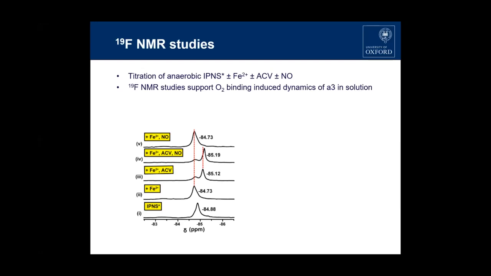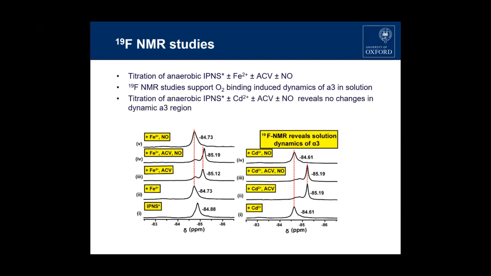And obviously also the gas which is binding to the active site. And then at the end, we also wanted to see whether it's working also with other metals. Cadmium is not known to bind nitric oxide, so it's our negative control. We used cadmium, titrated in cadmium and ACV.